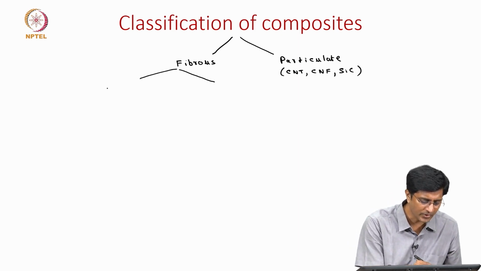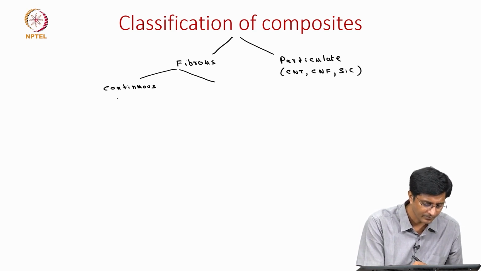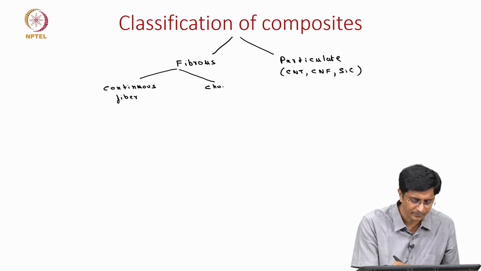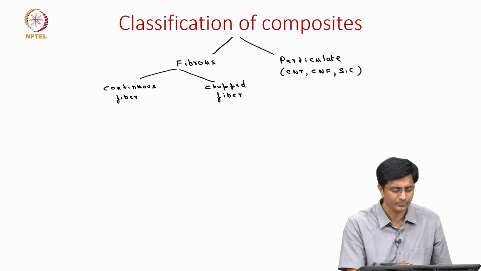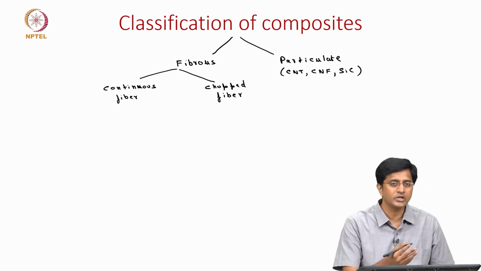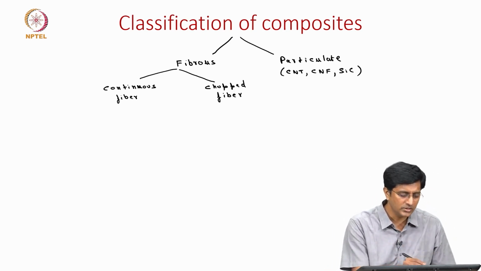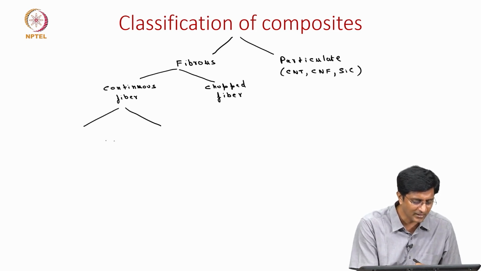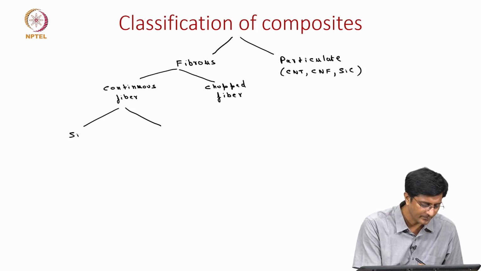In fiber reinforced composites we have two categories again: the continuous fiber and the chopped fiber. Even in the continuous fiber, as we have just seen, there are two other categories: either a single layer or a multi-layer.